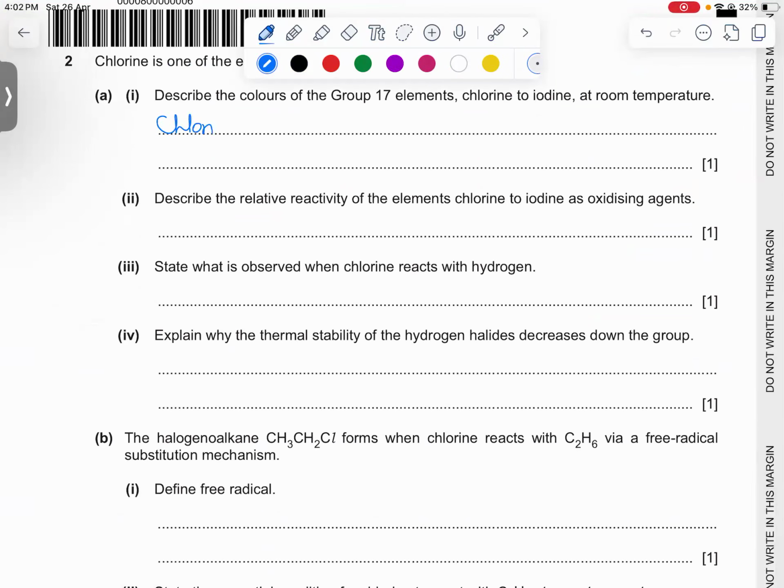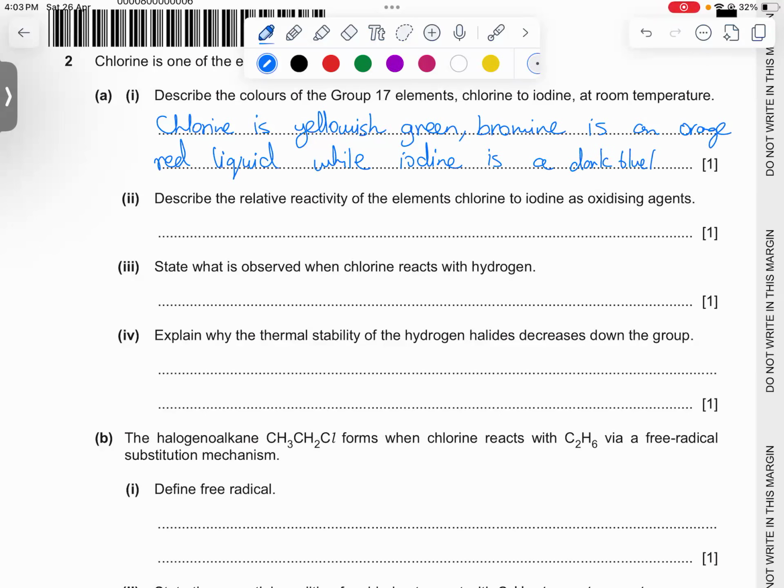So we say chlorine is yellowish green, bromine is an orange red liquid, while iodine is a bluish black solid.